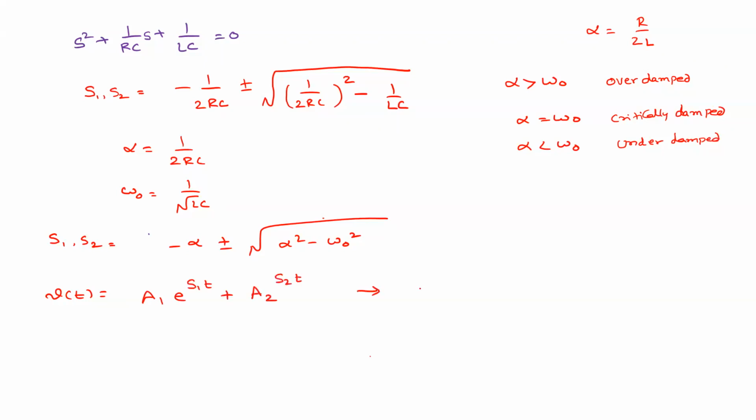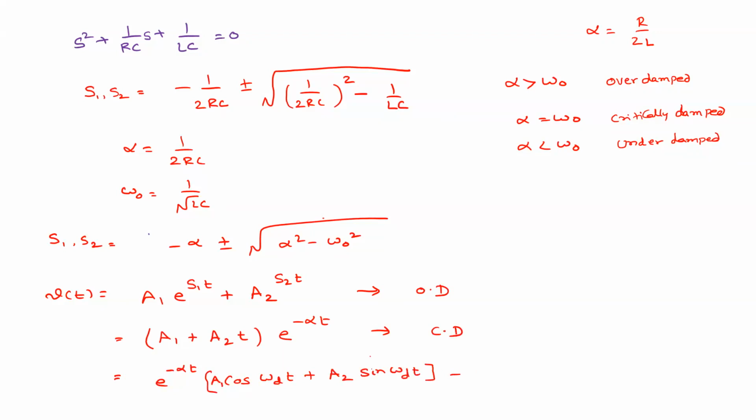In case of critically damped, it is (A1 plus A2t) into e to the power of minus alpha t. In case of underdamped, e to the power of minus alpha t times (A1 cos omega dt plus A2 sin omega dt).